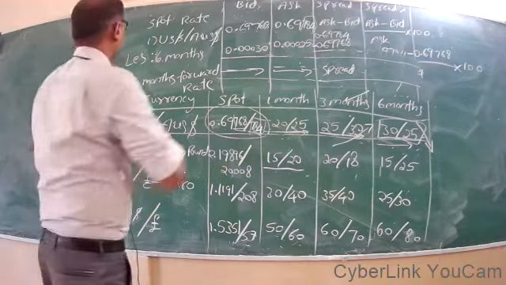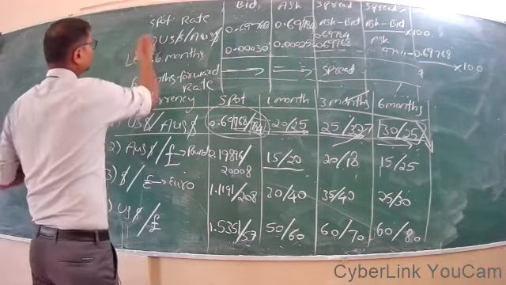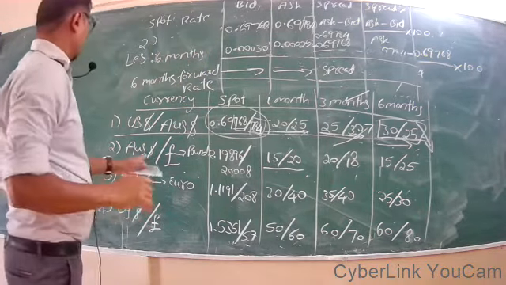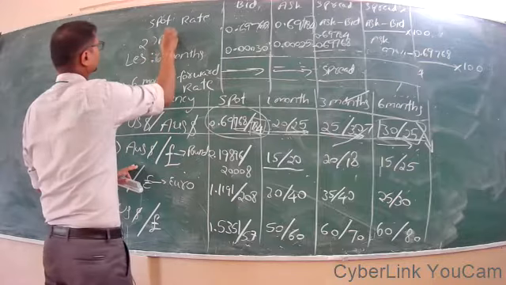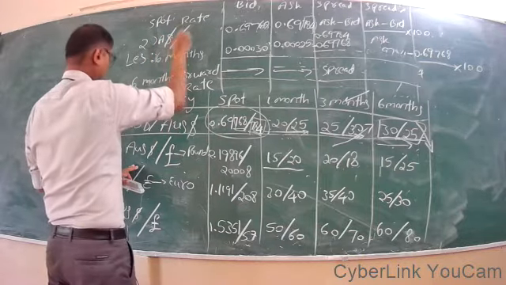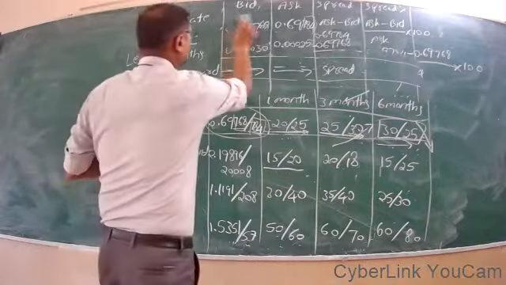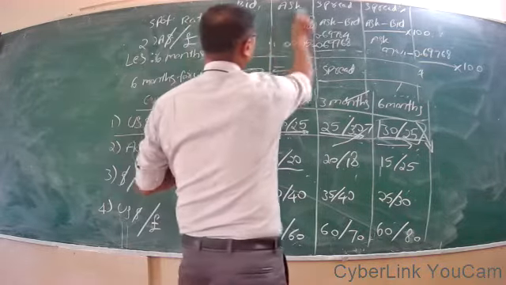So again, for question number 2, the quotation is between Australian dollar per sterling pound, right? You need to write the spot rate first.